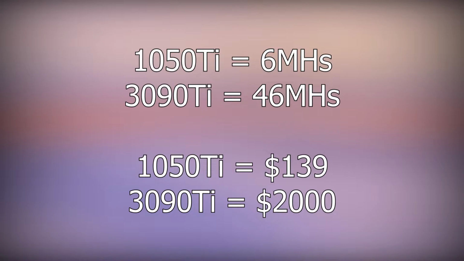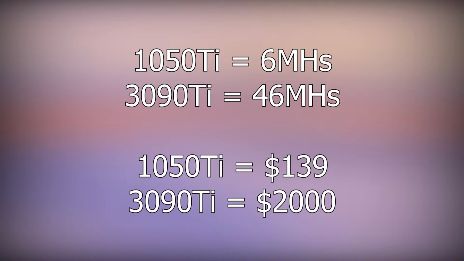So the 3090 gets around 46 megahash on the ProgPow algorithm, which is 7.6 times more than the 1050 Ti. This is expected as it's a newer card, so it should be getting way more hash rate. When we compare the launch prices, we can see that the 3090 Ti's price is 14.3 times more than that of the 1050 Ti.